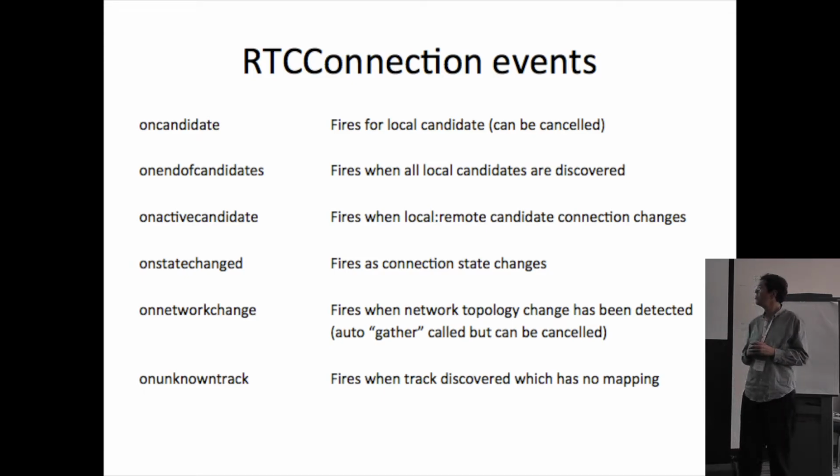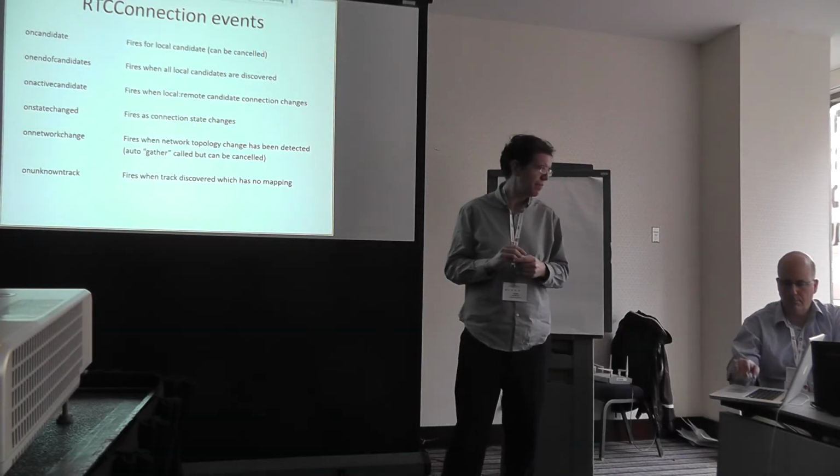And unknown track will fire when you have a track that comes in which has no direct mapping information. It's presumed that, depending on what we see come out of the IETF, there will be RTP extensions that give you the RTP mapping information on that layer, and therefore we'll fire that. So that might change depending upon what we see come out of the IETF.